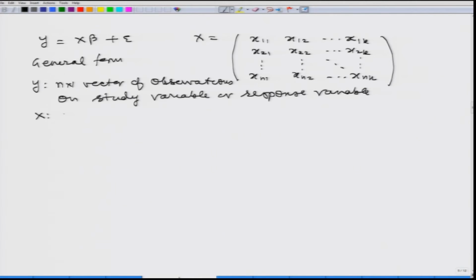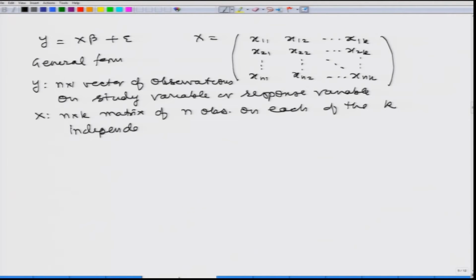X is an n cross k matrix of n observations on each of the k independent variables x1, x2, xk.